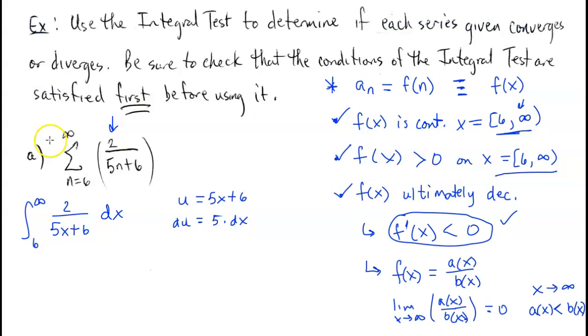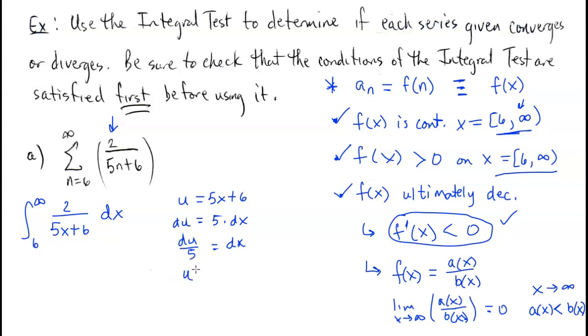Okay, so we can look at it that way. And so from that, we could just say that du divided by 5 is going to be dx. Okay, so we have a way of replacing dx in terms of u, and we can also replace 5x plus 6 in terms of u.